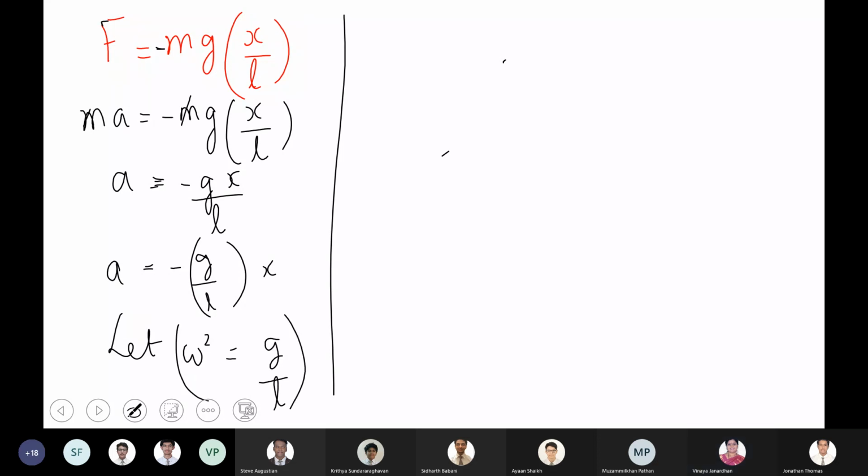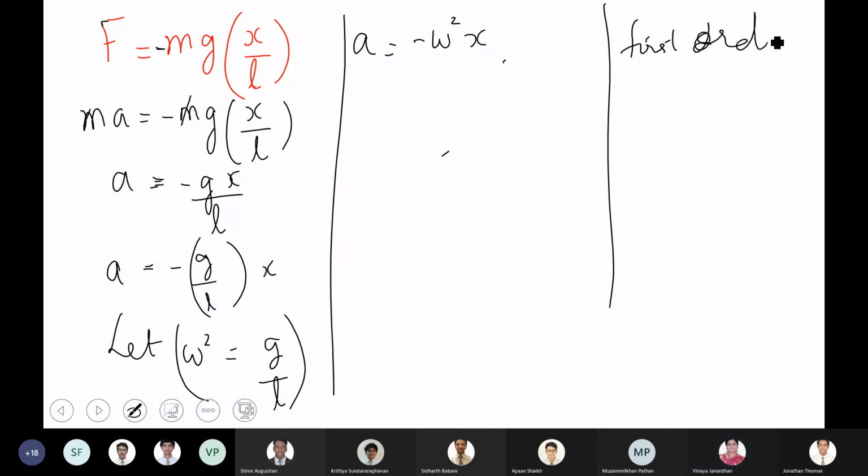If you need to understand why we are taking omega squared, have you learnt about first order differential equation? You know what is first order differential equation? No, ma'am.